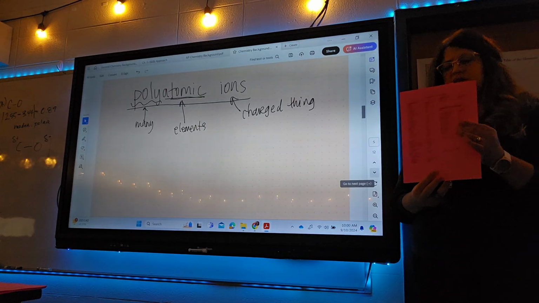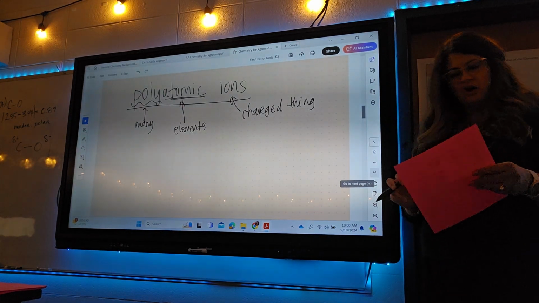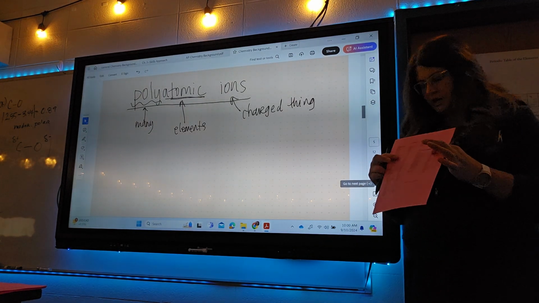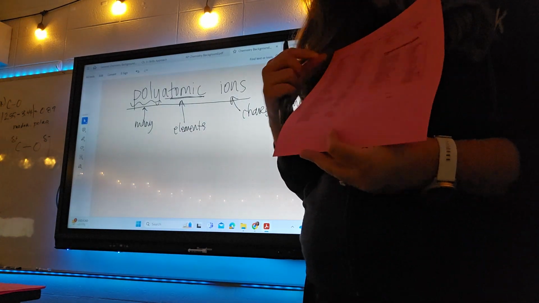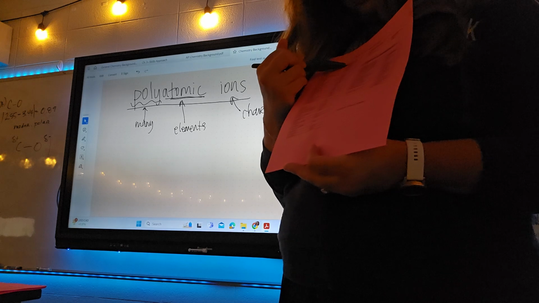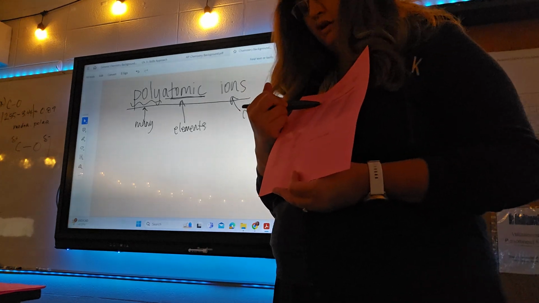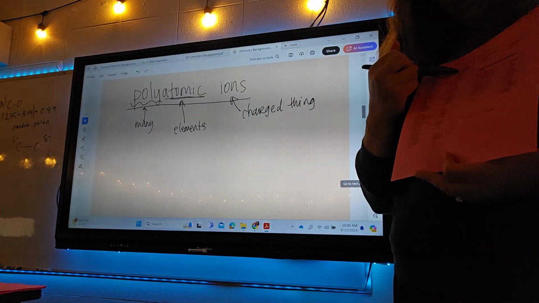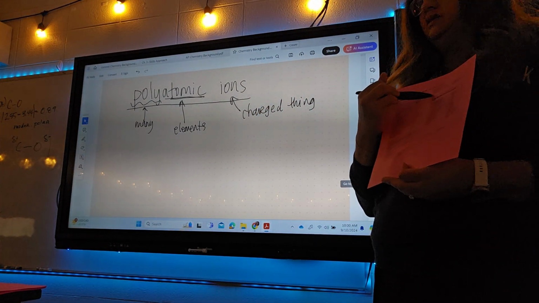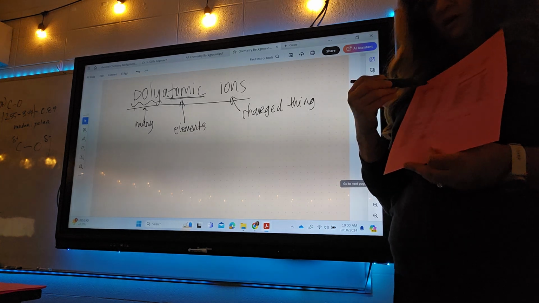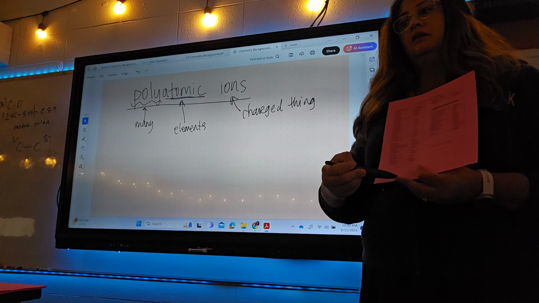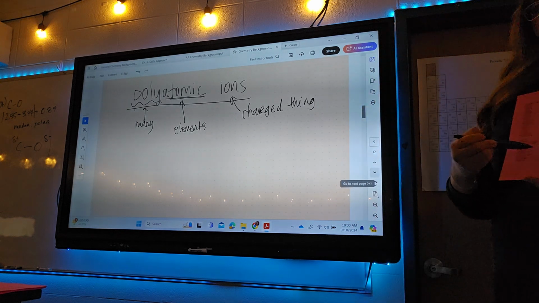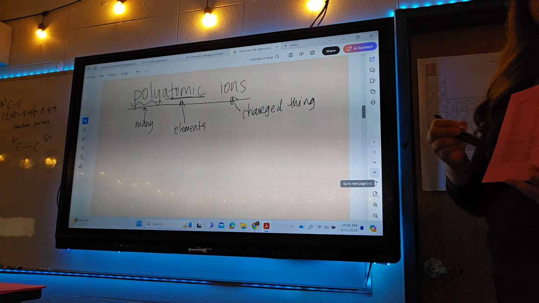So let's look at what is on this pink sheet. There are all these lovely names, but what I want you to look at is the column right here where it says formula. Notice how some of them are quite complicated, like the first one. And there's a lot going on there, but they all have a minus after them. So the polyatomic ions are almost exclusively negative ions. Yes, sir. What did you say, charge?